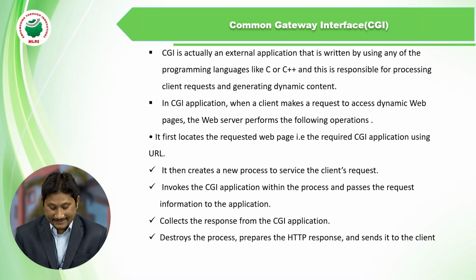It then creates a new process to service the client's request, invokes the CGI application within the process, and passes the request information to the application, collects the responses from the CGI application, destroys the process, prepares the HTTP response, and sends it to the client.